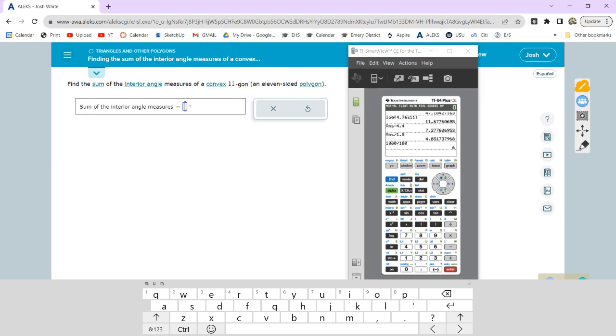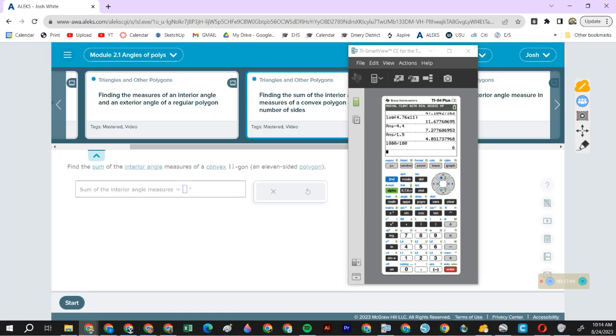If we have an 11-gon, how many triangles would that be? 9. 9 times 180 will give you the sum of the interior angles.